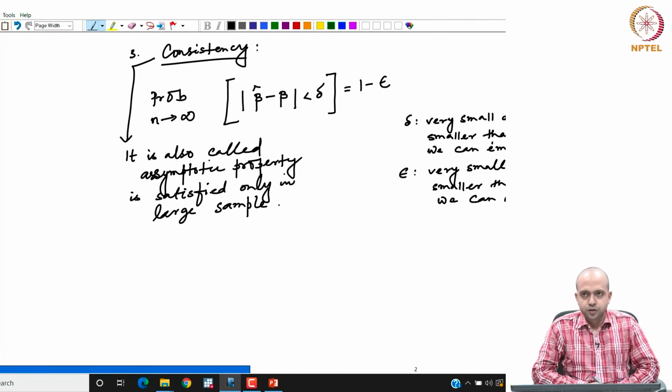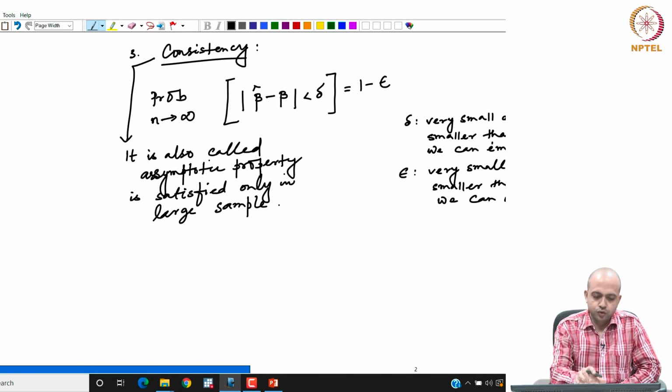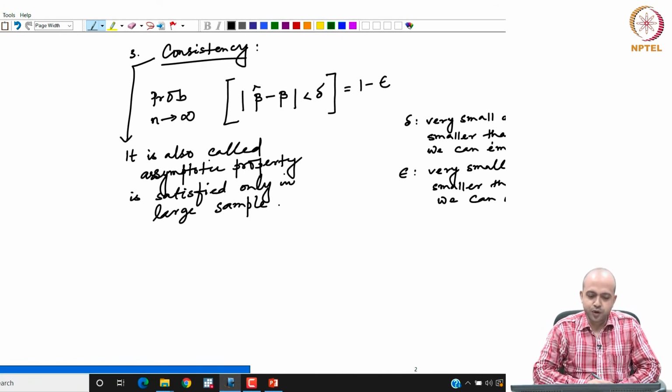Okay. So, it is called an asymptotic property, which is satisfied only in large sample.